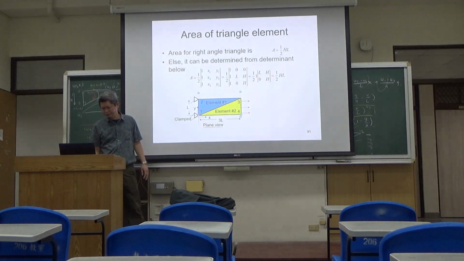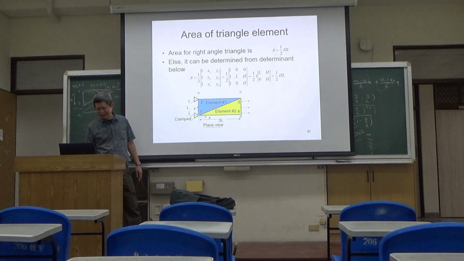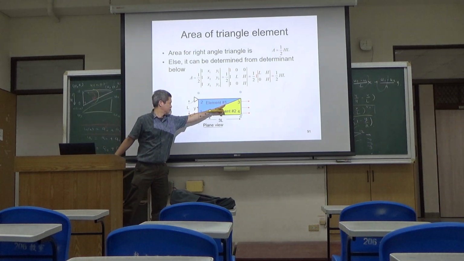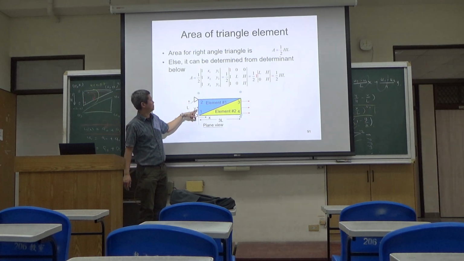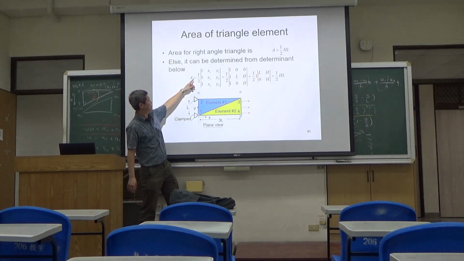And then here, what are we going to do? What we're going to do next is find out the area of this triangle element. It is basically the determinant by substituting the expression.